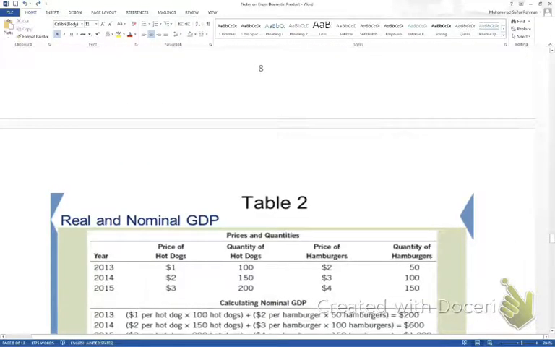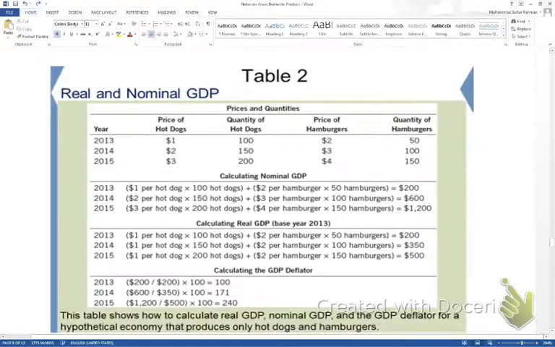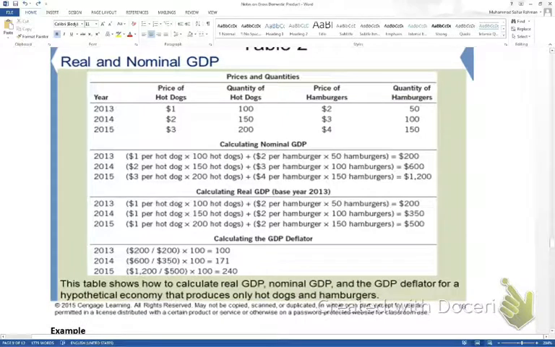Before we look at how we can use the GDP deflator to get a measurement of price, let us look at two examples where we are going to learn about how to calculate nominal GDP and real GDP. The example that we are looking at is a very artificial example. You have information about an economy where there are two goods, hot dogs and hamburgers, and you have information about their price and quantity in 3 consecutive years, 2013, 2014, and 2015.